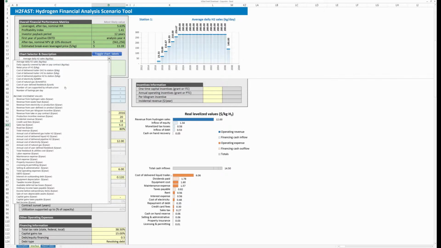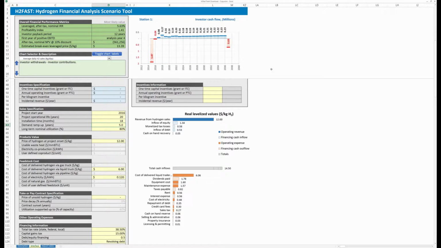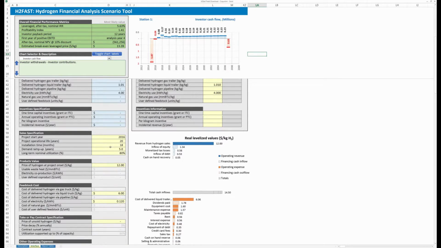Another thing I want to point out is I get this question kind of frequently. If you look at investor cash flow, you're going to see this negative cash flow at the end of the project. That stems from the way that debt is being analyzed.